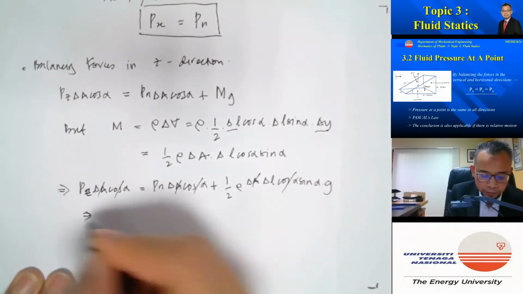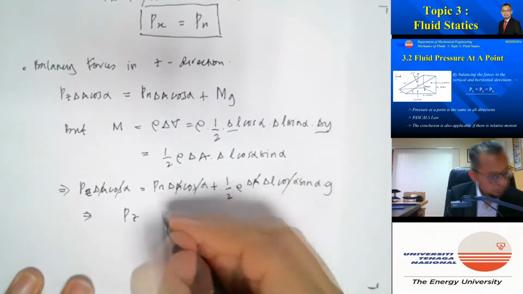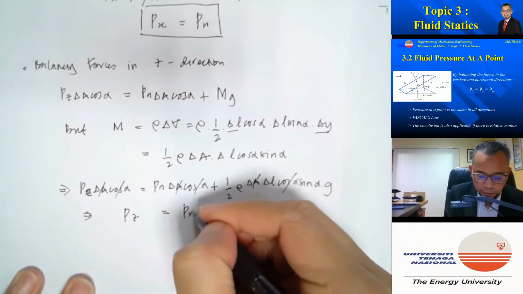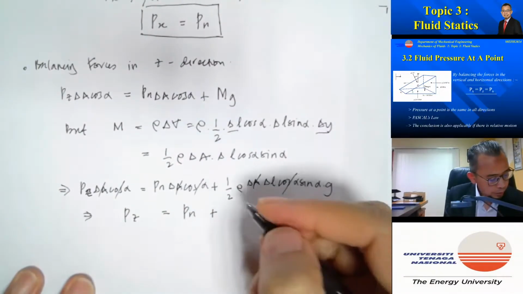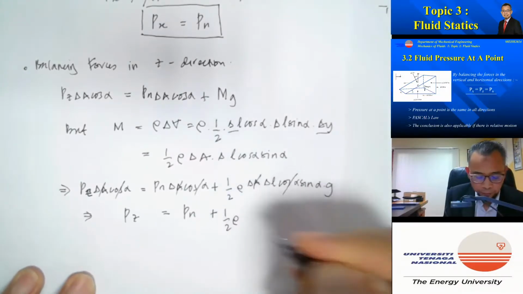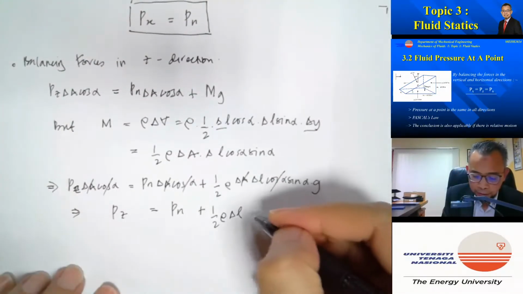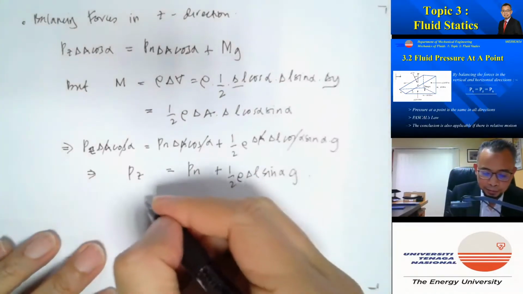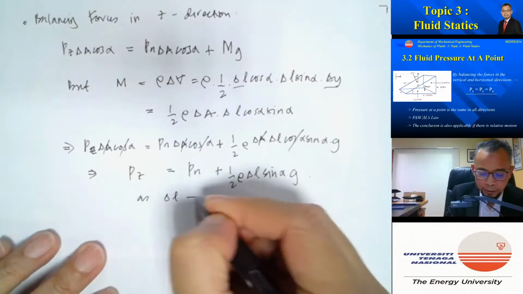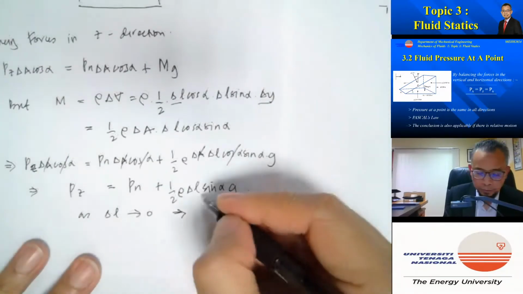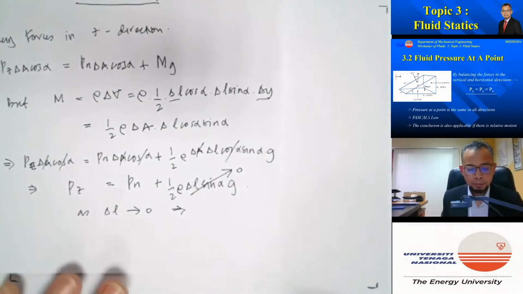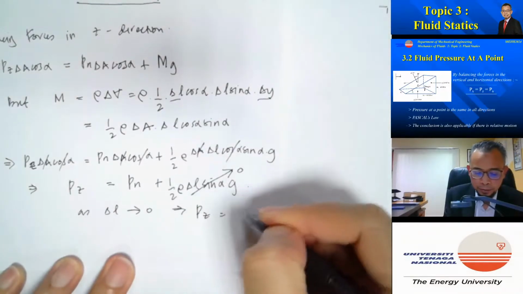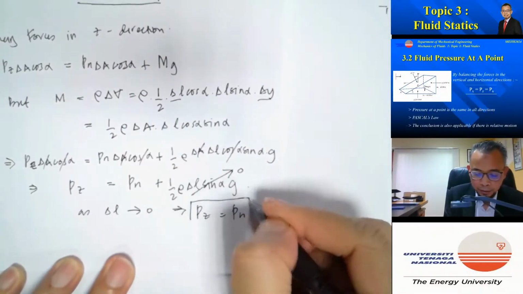So we can write Pz is equal to Pn plus half rho delta L sine alpha times g. As delta L tends to 0, this will go to 0. So we can write Pz is equal to Pn.